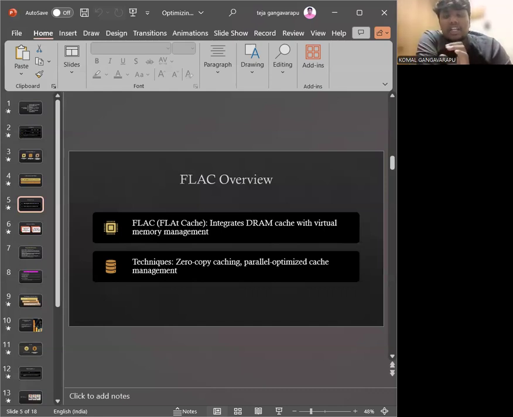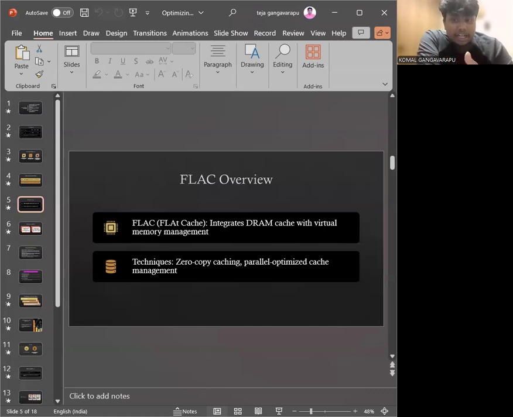The integration of the DRAM cache with virtual memory management in FlatCache is pivotal in reducing the overhead and inefficiency typically observed in traditional caching methods.